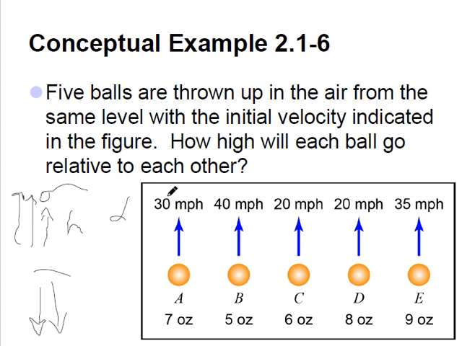So if you compare, you have 40, followed by 35, and then 30, followed by the 20s. The 40 is going to reach the highest point because it has the largest initial velocity. Then you're going to have 35, followed by 30, and then 20.